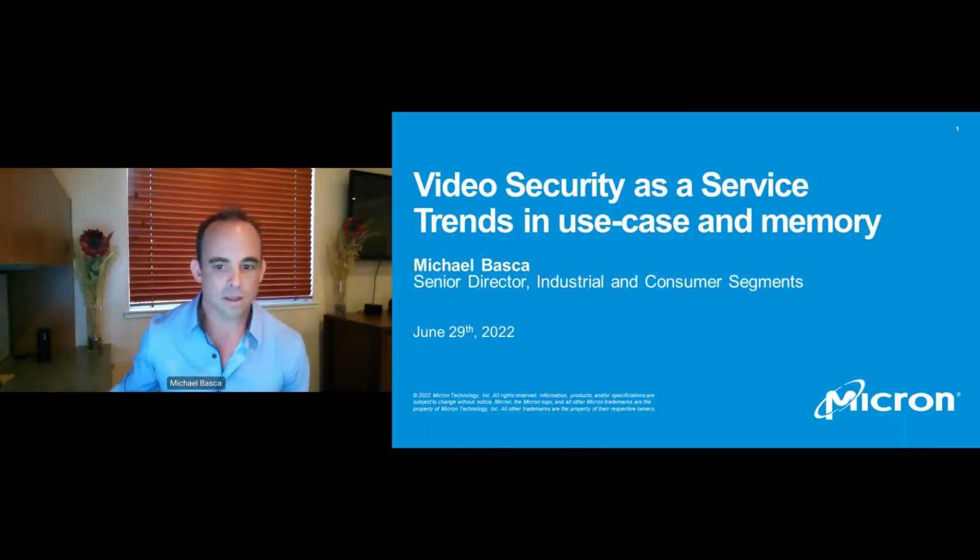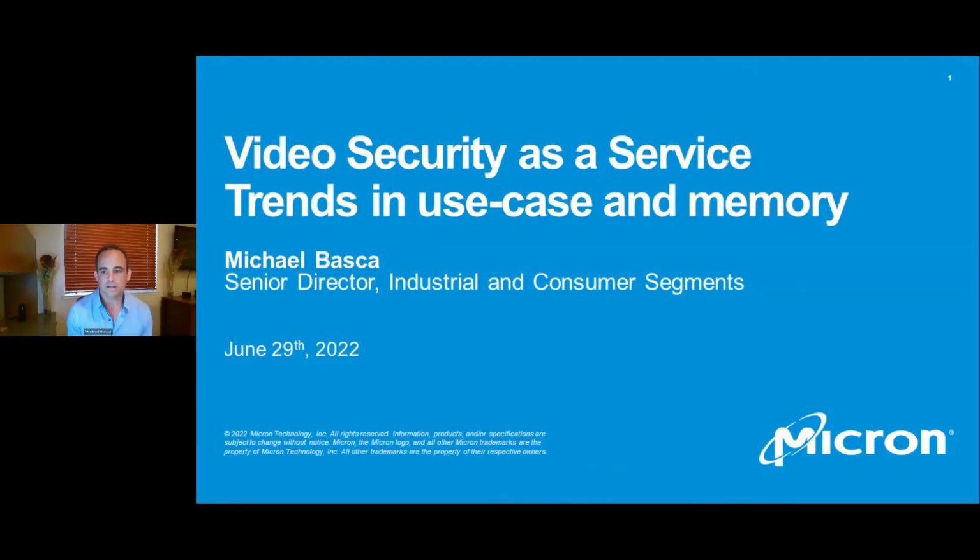I'm Michael Baska, Senior Director at Micron for the industrial and consumer segments. It's obviously an exciting time for memory overall, as we're seeing the connectivity of everything through IoT and 5G, together with a strong cloud backbone.